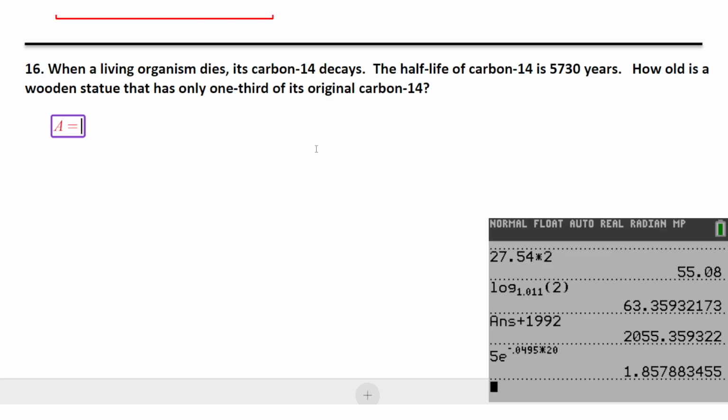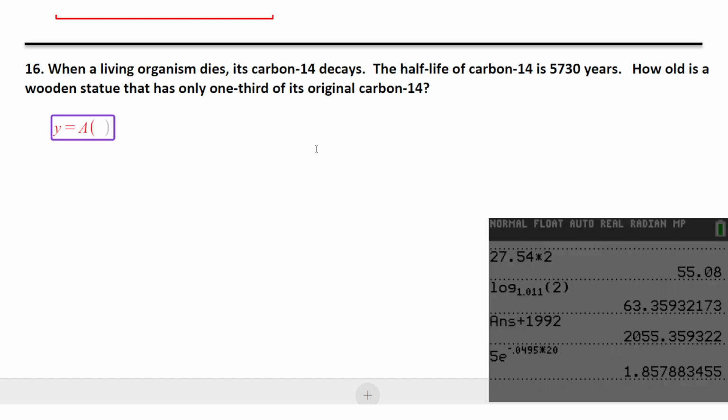So the formula for half-life that we're going to use here, and I'll just do it like y in terms of x, is going to be however the initial amount is. So I'll just call that lowercase a for the initial amount, times 1/2 to the power of the time divided by the length of the half-life.